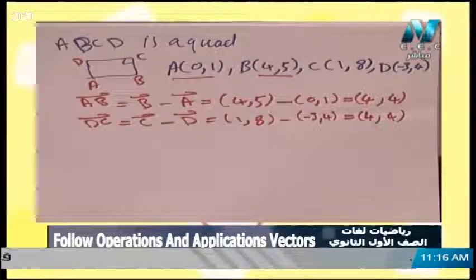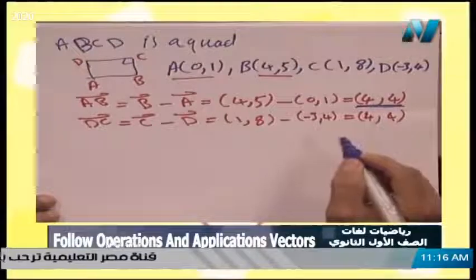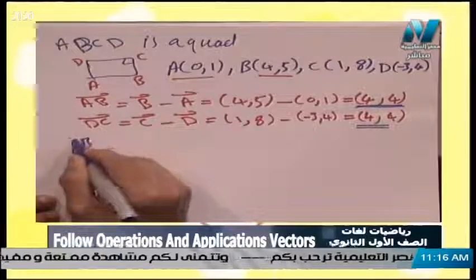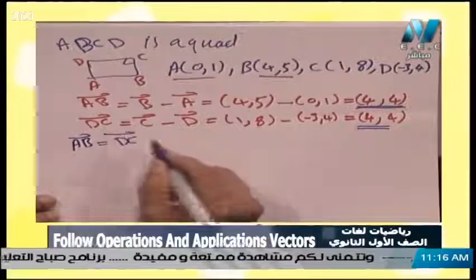And we have now AB (4, 4) and also DC (4, 4). So the vector AB equals the vector DC.